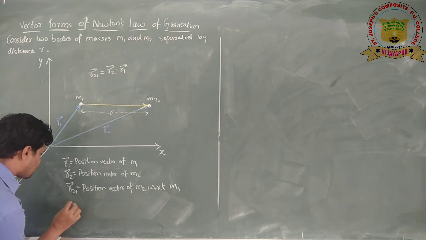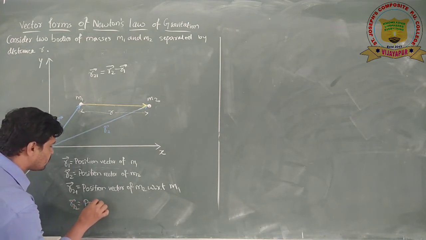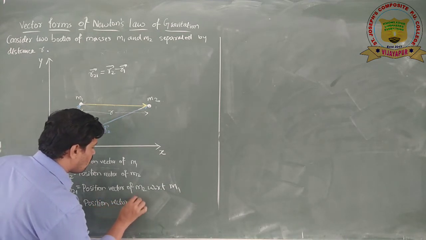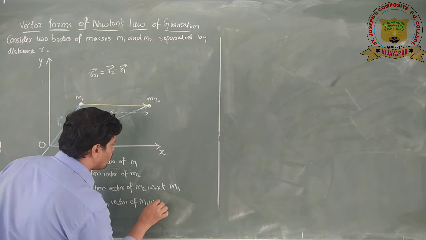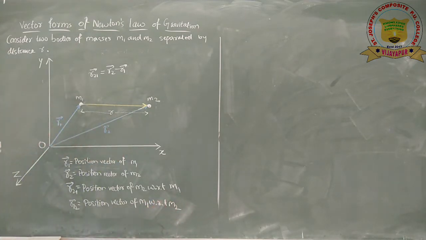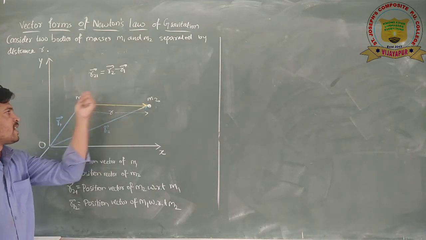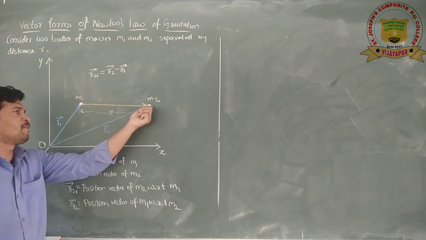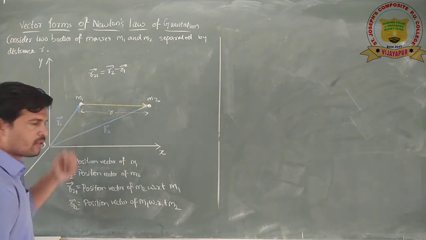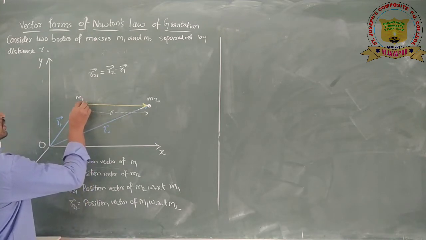In the opposite way it is r12, the position vector of m1 with respect to m2, and its direction starts from m2 and ends at m1, so it is towards m1.